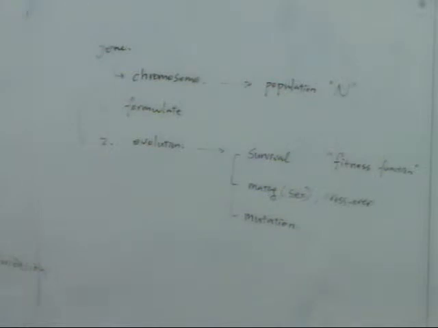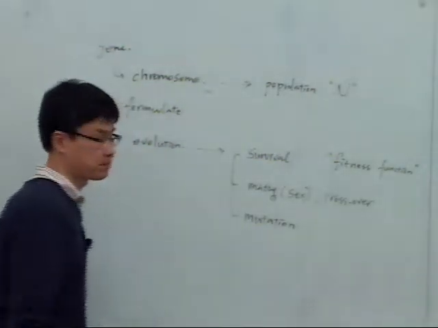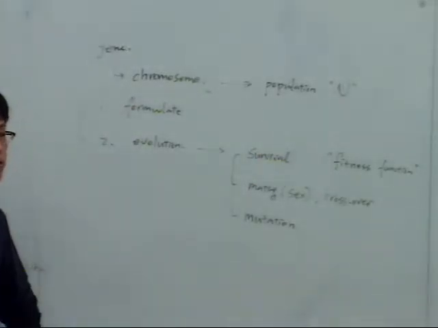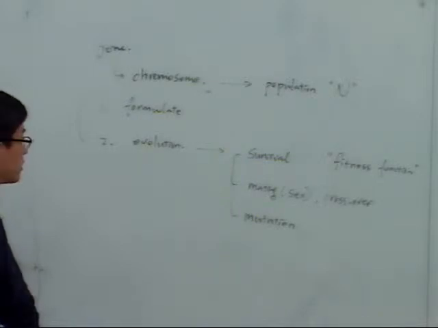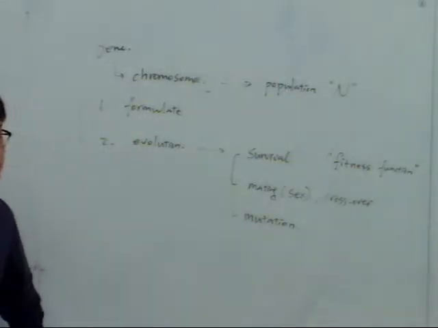Okay, let's talk about some examples. First one first, chromosome. If we have n number of chromosomes, we call it a population. About the formulation, this chromosome is not the objective function.